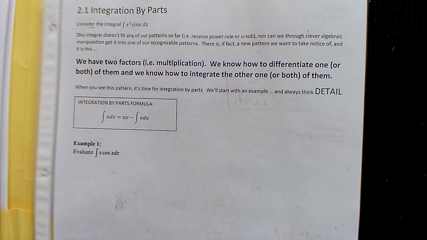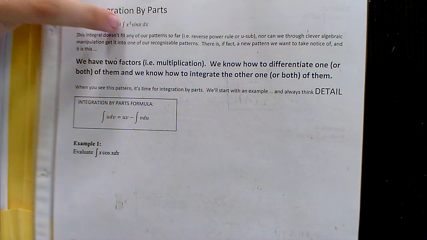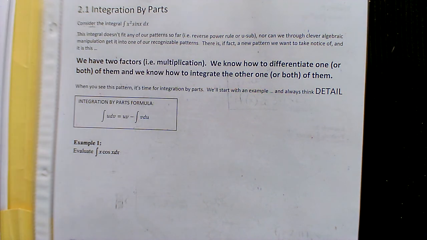We know how to differentiate one or both of them. Could you find the derivative of just x squared? Yes. Could you find the derivative of just sine of x? Yes. So you know how to find the derivative of at least one of them. You also know how to integrate at least one of them.